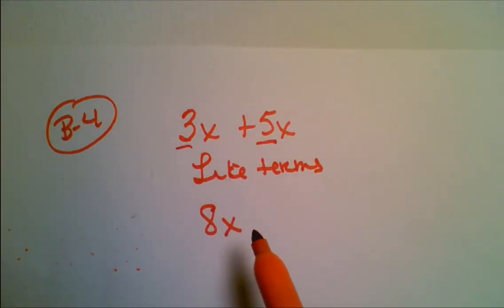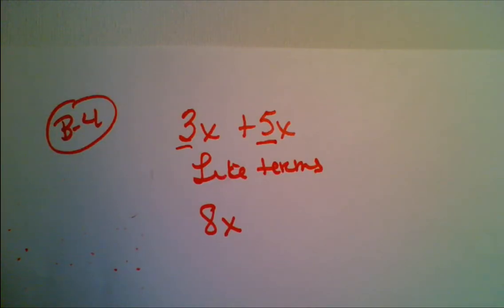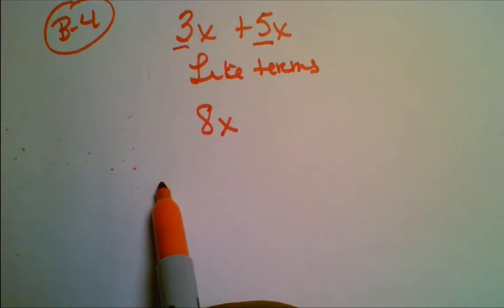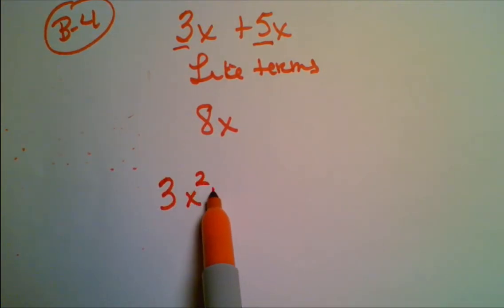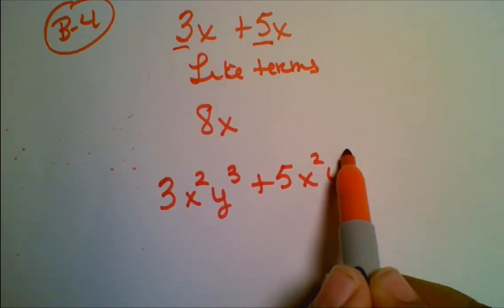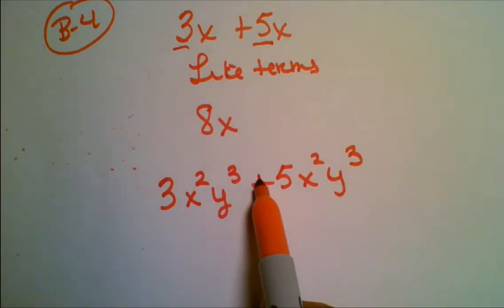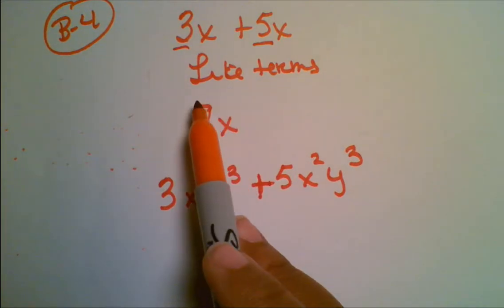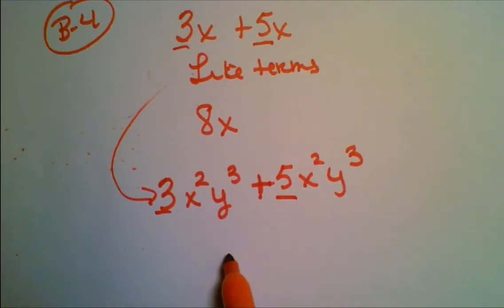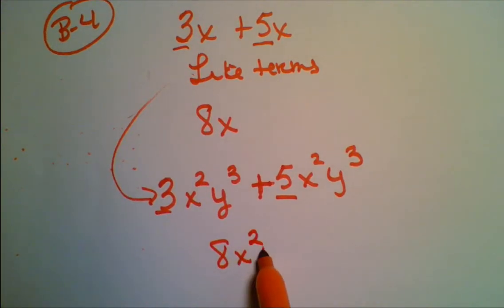So what's going to make this section different from what you've done previously is that now you're going to have something such as 3x squared y cubed plus 5x squared y cubed. Because there's a plus sign here again, these are like terms. We just add 3 and 5 and we keep the common variable.